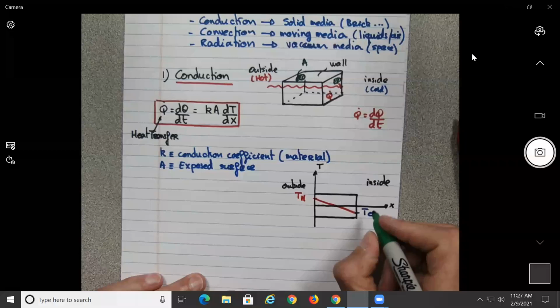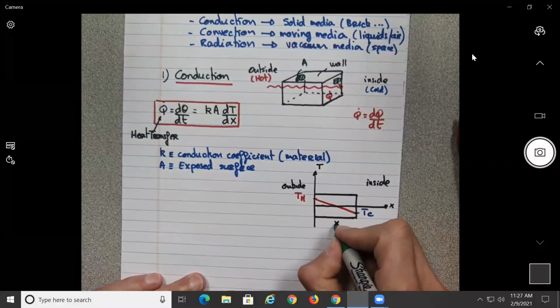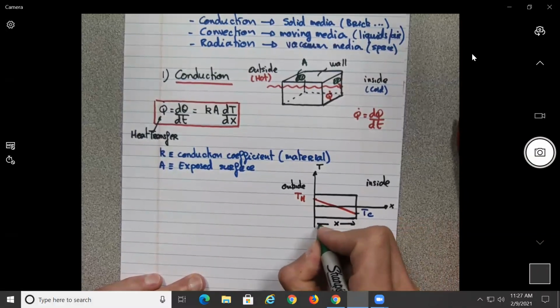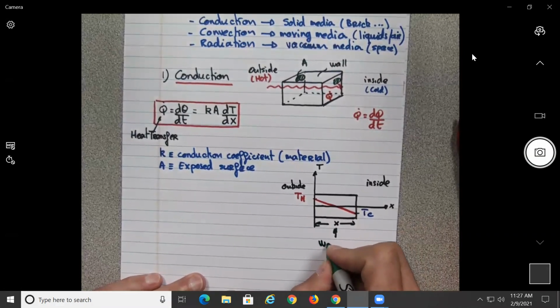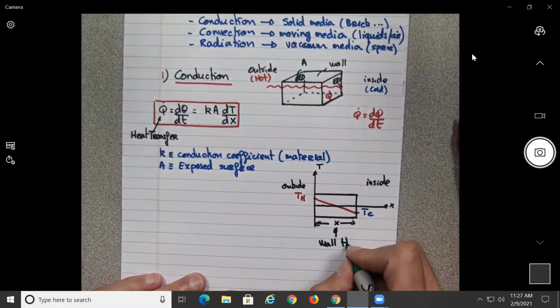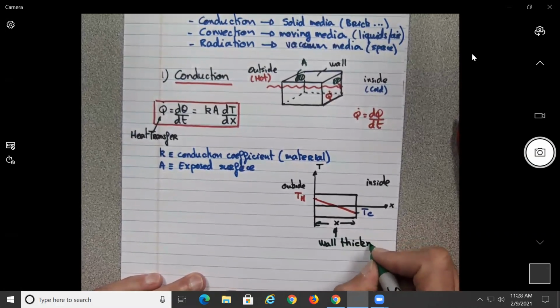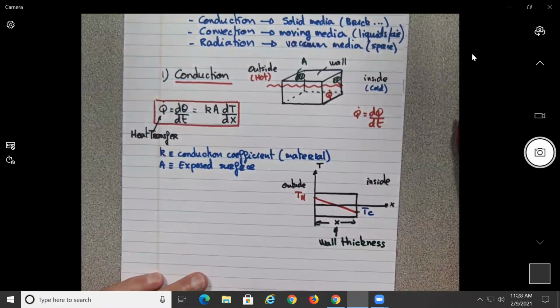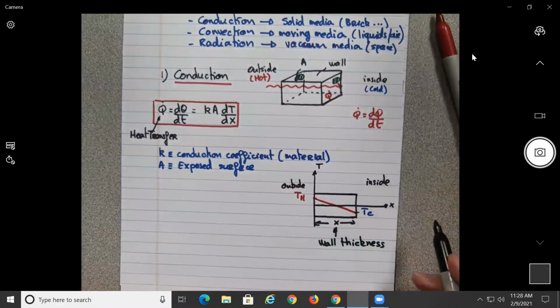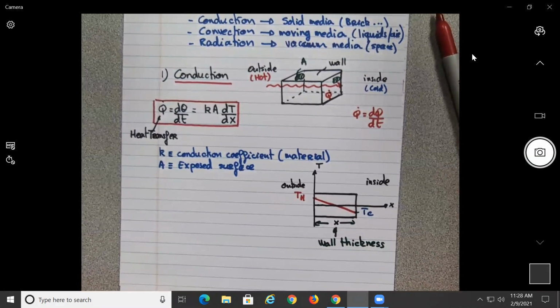So let's say this will be X. And this will be what? Wall thickness, if you want. Okay, so here, maybe this is not that important, but at least to give the proper equation.